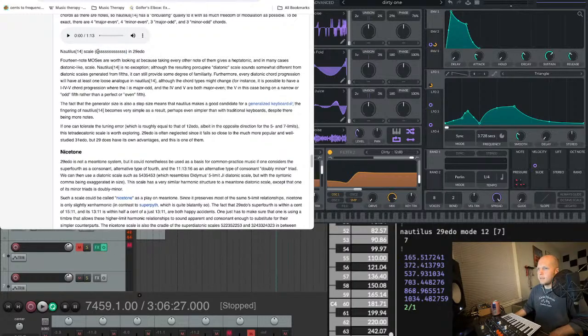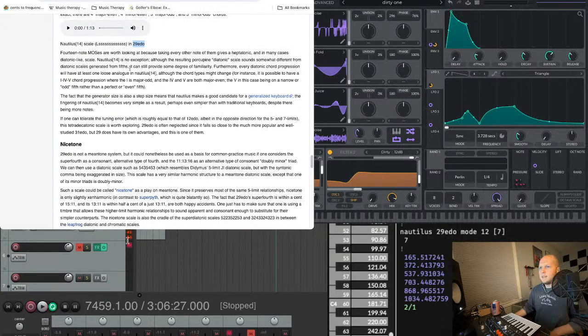So it's like a 3-step interval and then a 2-step interval, 13 times. You add that all together, it makes an octave. It makes 29. Yeah, it's a lot, and I'll play a little for you.